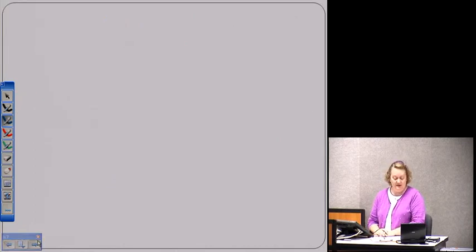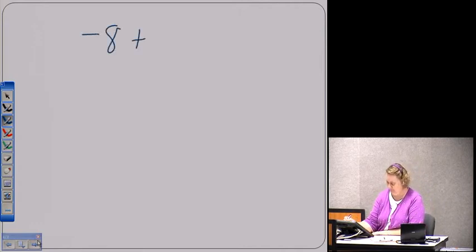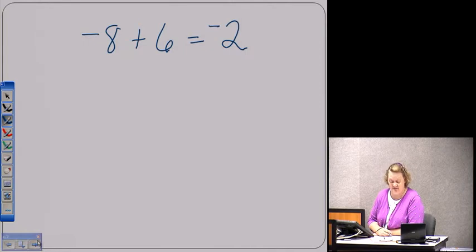Okay, let's do some other examples here. Negative 8 plus 6. The signs are different, so we will subtract. Keep the sign of the stronger number. 8's more negative than 6 is positive, so the answer's negative 2.